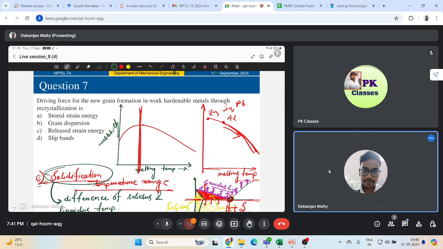Basically, you are replacing some deformed, strained grains by a new set of strain-free grains, right? This typically happens when your metal is heated above its recrystallization temperature, and that depends on the material and its mechanical history, by how much deformation you have done.